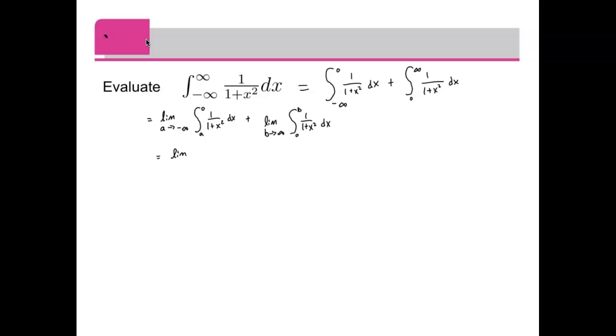We get the limit as a approaches negative infinity of inverse tan x from a to 0, plus the limit as b goes to infinity of inverse tan x from 0 to b.